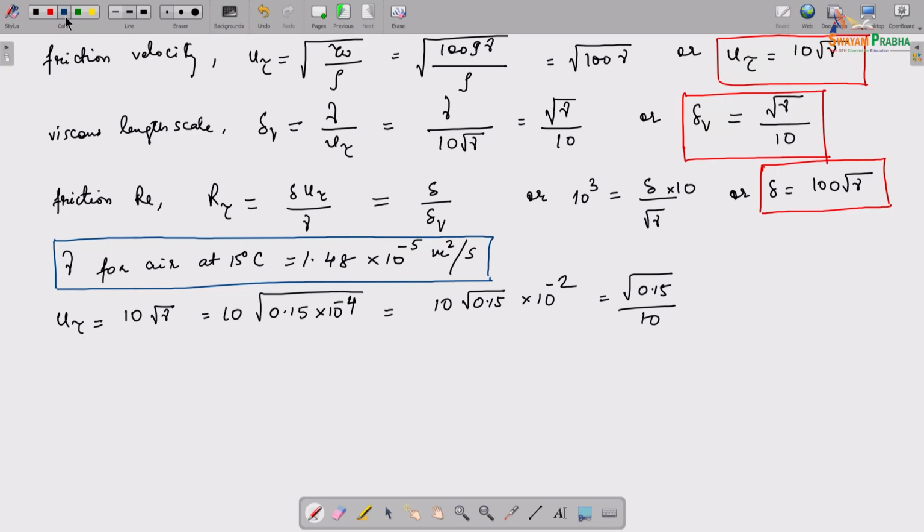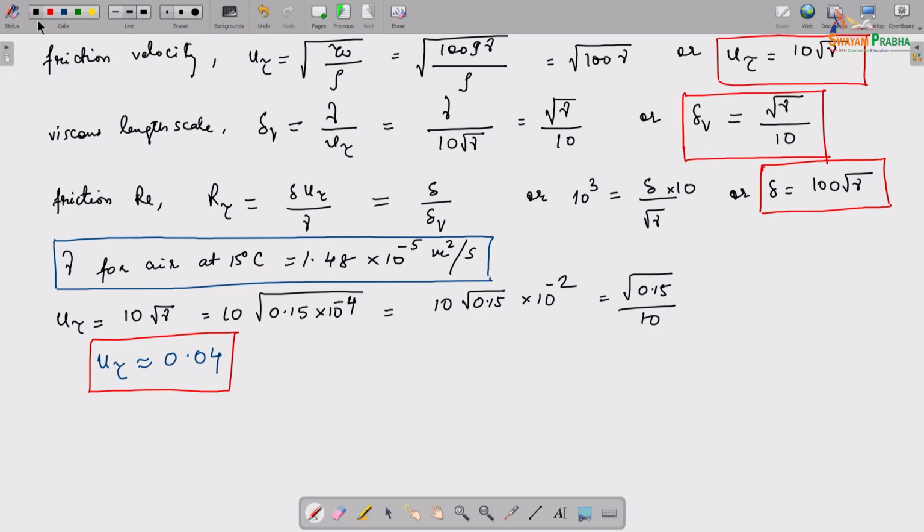So, u tau is equal to, so these are values for a boundary layer which is formed by air, right. So, this is u tau for the given velocity profile. This is what we get. Okay, u tau is this.